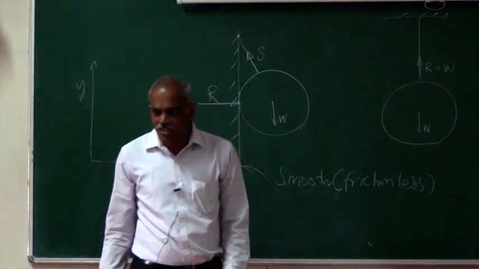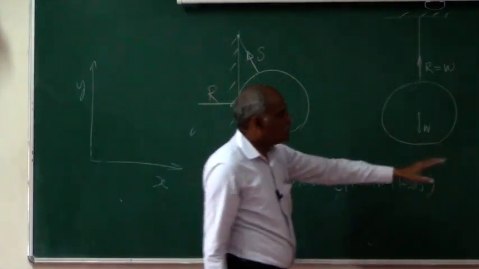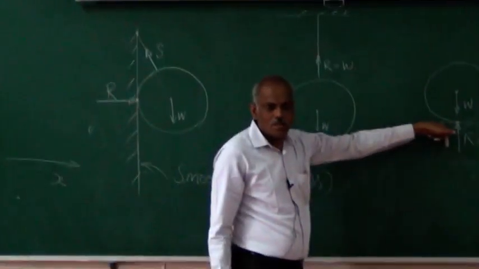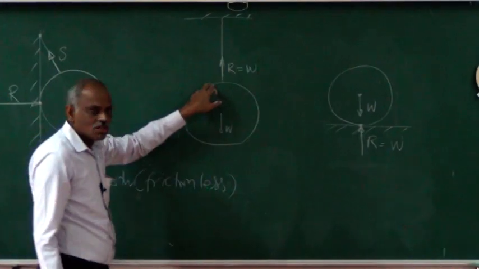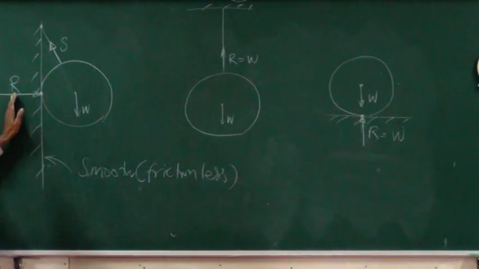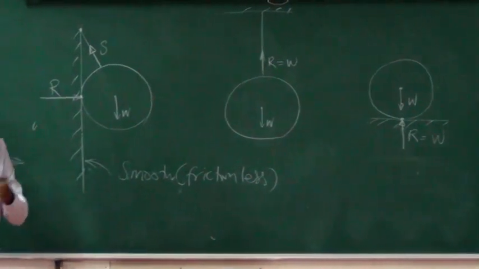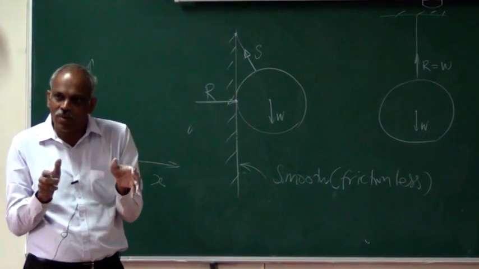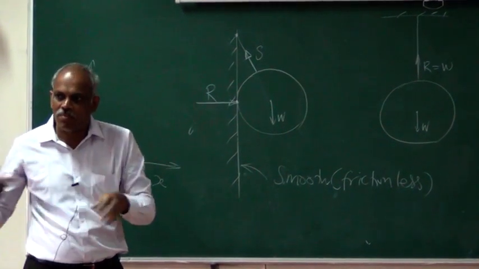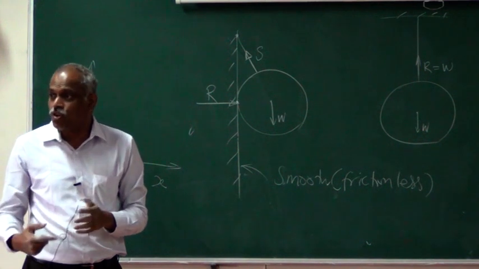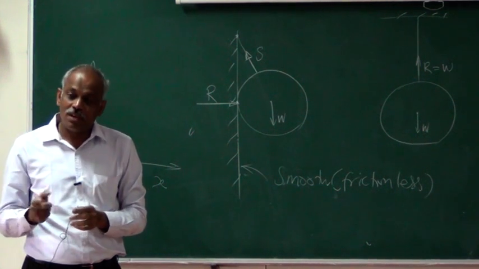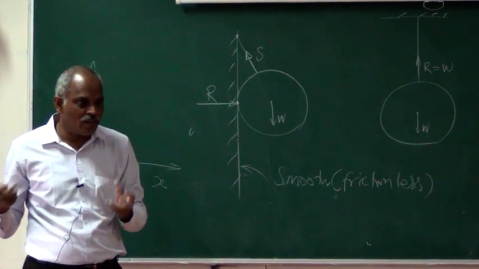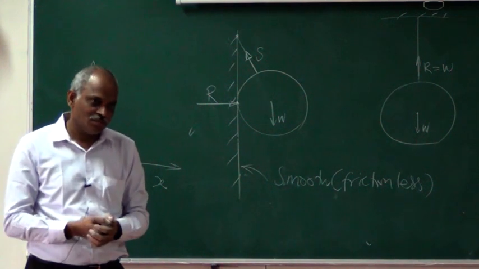So the constraint here is the floor, here it is the string, here you have a wall and the string. You will see that these constraints are not permitting this to move freely. At the same time, these constraints offer forces as reactions.